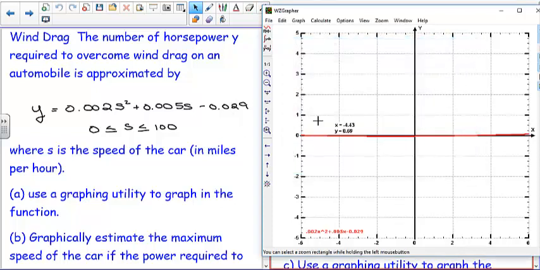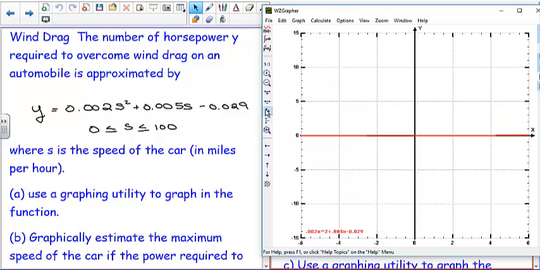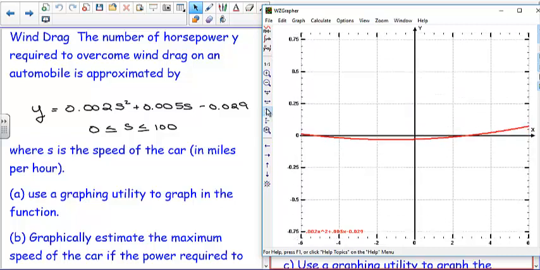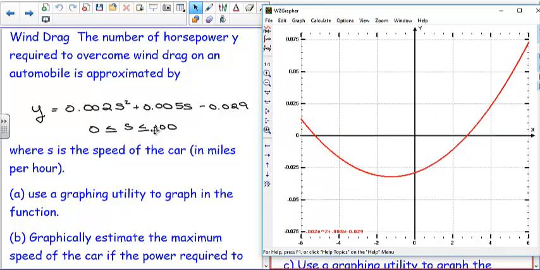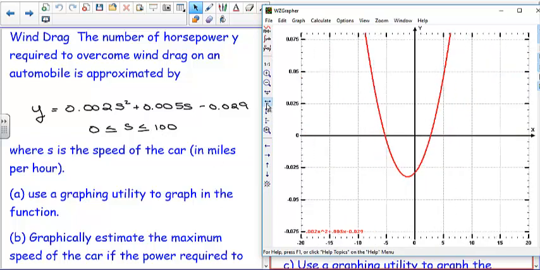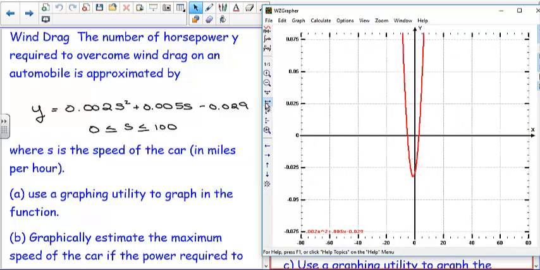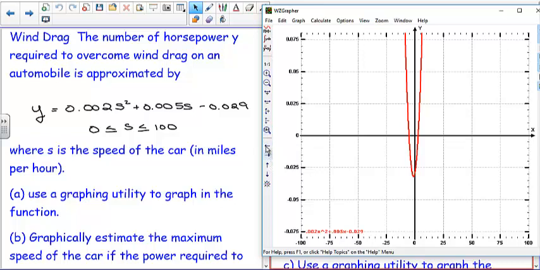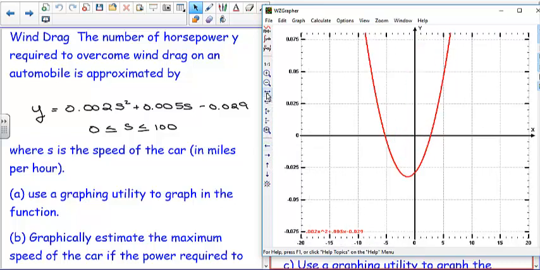Okay, so we graph it, and you can see that I'm going to have to zoom in the y direction, or the other way. And it says it's good between 0 and 100, so I really need to zoom out in the y direction a lot. So I should have waited. So there's 100. So I'm going to zoom in the x direction to spread this thing out a little bit.